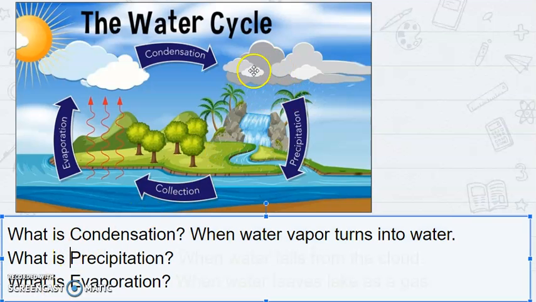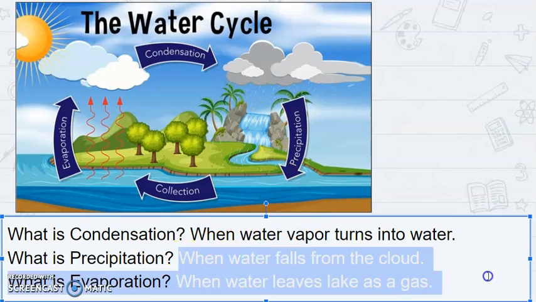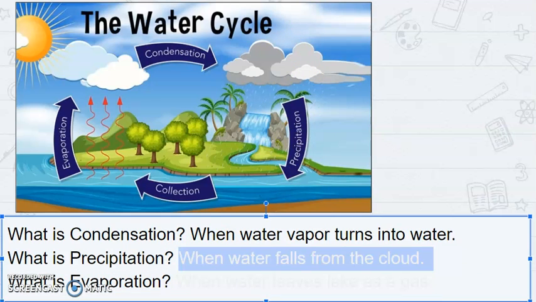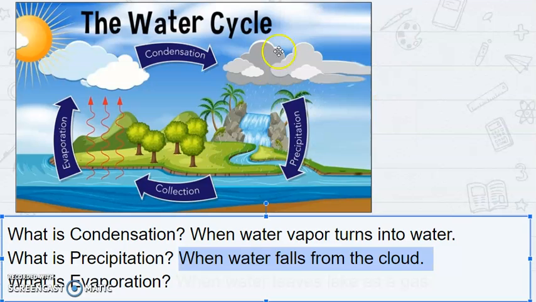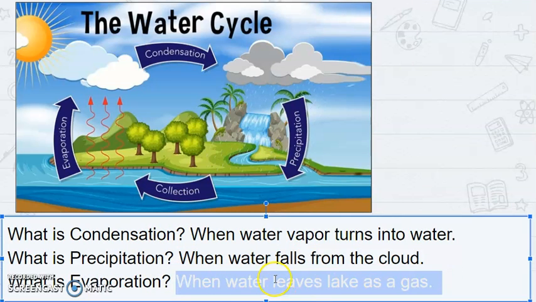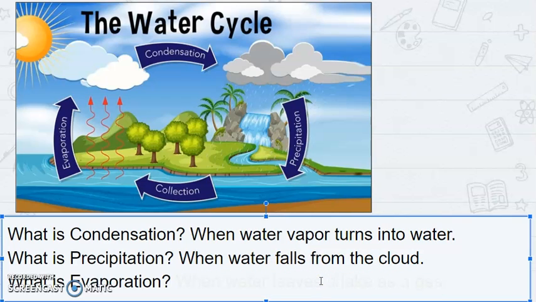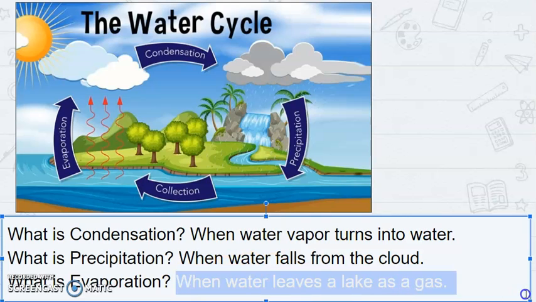Precipitation is when the clouds rain. Water falls from the clouds. What is evaporation? Evaporation is when water leaves a lake as a gas, or leaves any body of water as a gas. That is evaporation.